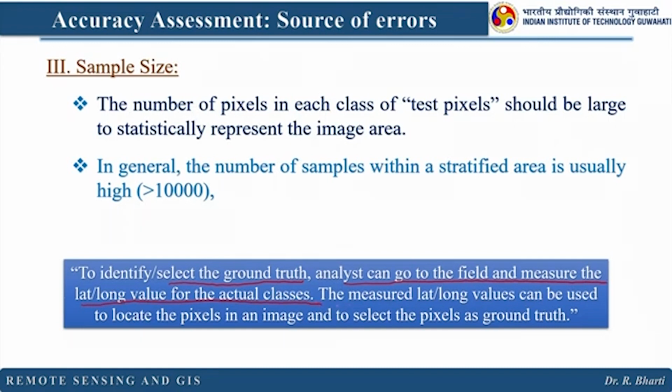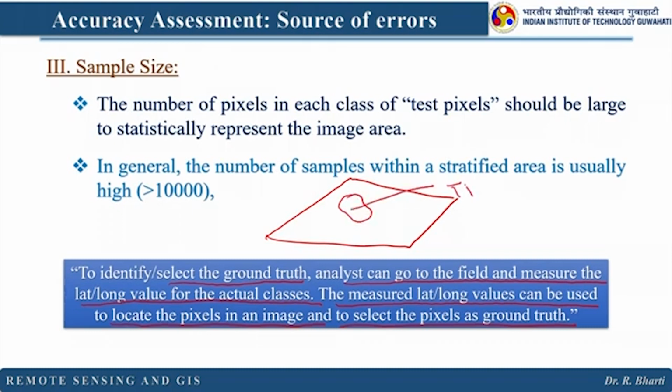Remember, the measured latitude longitude values can be used to locate the pixel in an image and to select the pixel as ground truth, because in the image we have marked earlier the training pixels, but here now we are marking these pixels to evaluate the accuracy of my classification.